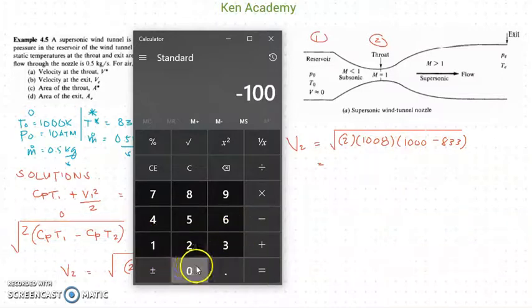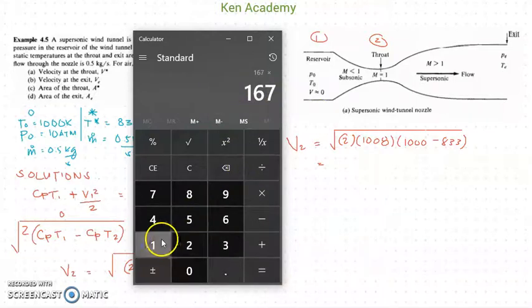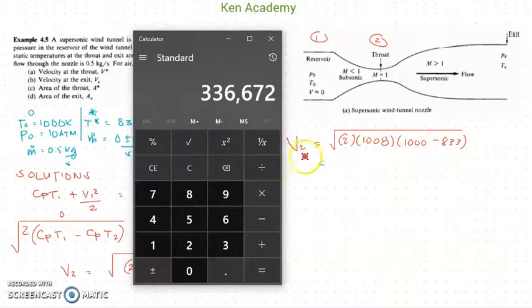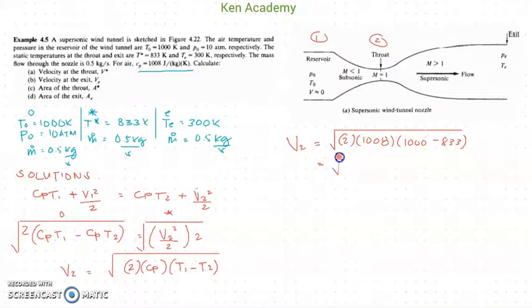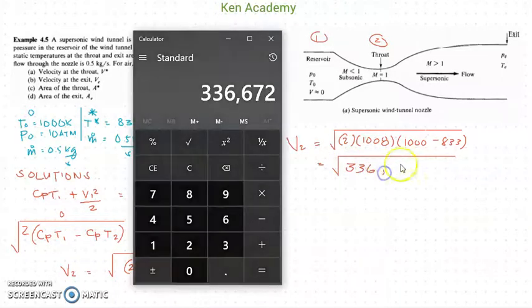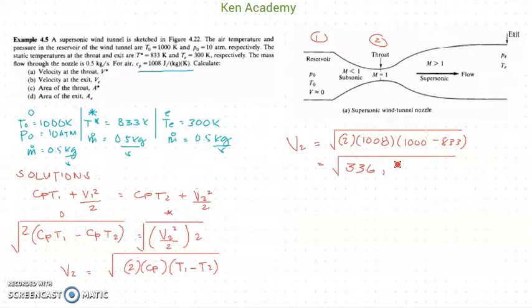1000 minus 833 is 167, multiplied by 1008, multiplied by 2. We get the square root of 336,672.